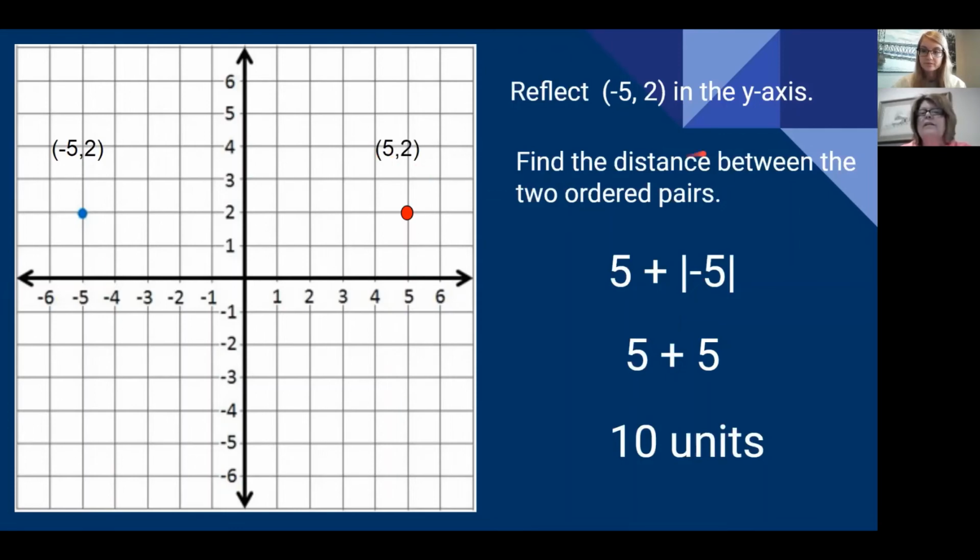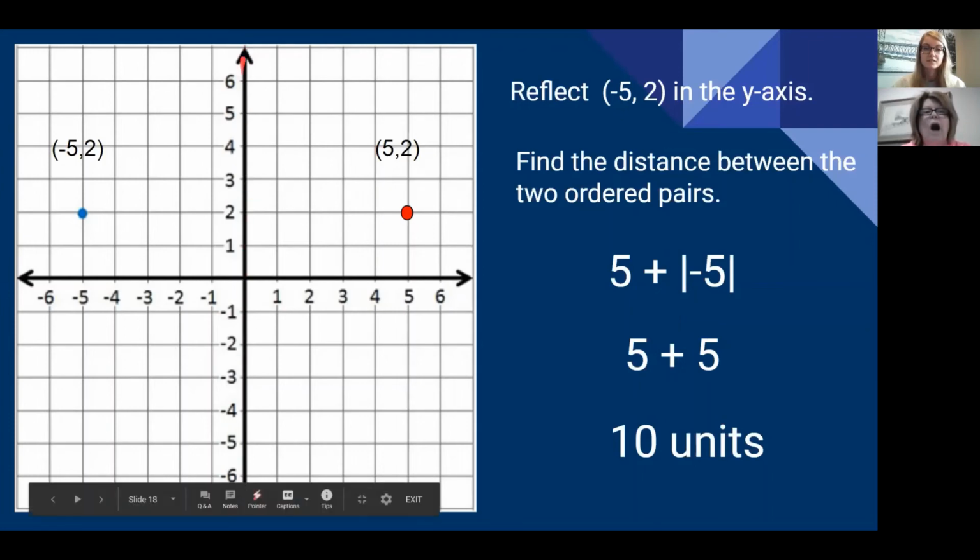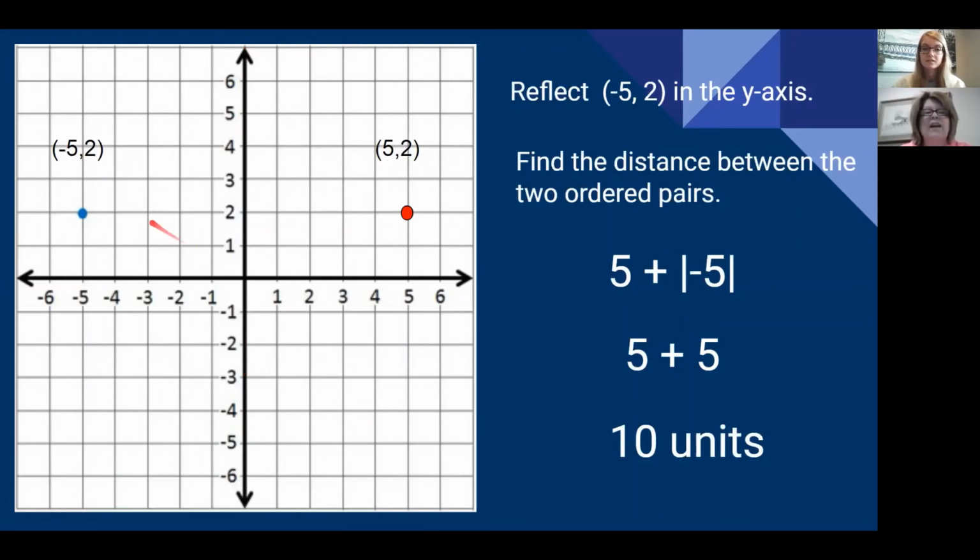If I'm finding the distance between the two ordered pairs, Mrs. Zimmerman just reminded you, you are going to use the coordinate that is different from the axis. I used the y-axis, so I am going to use the x values. I'm going to add this 5, which is x, plus the absolute value of this -5.